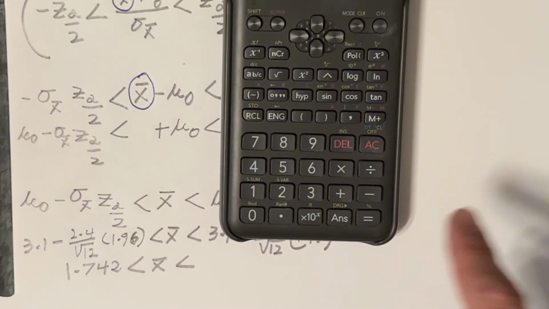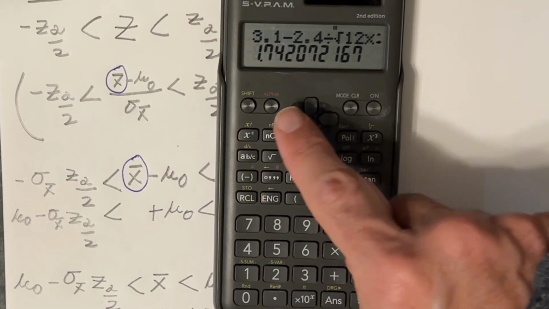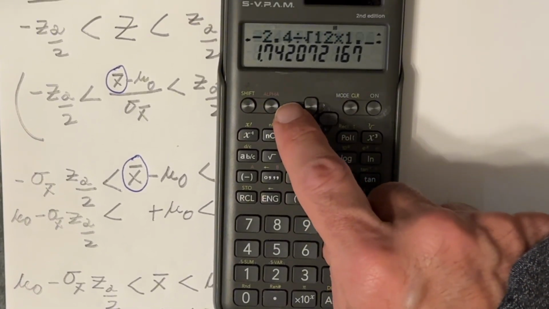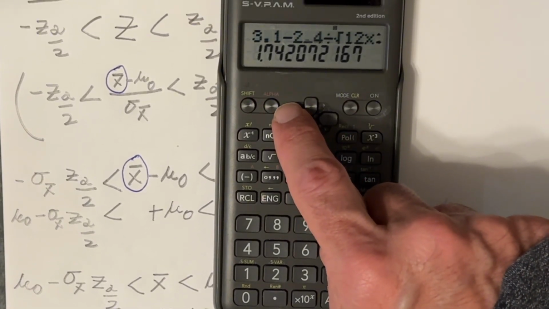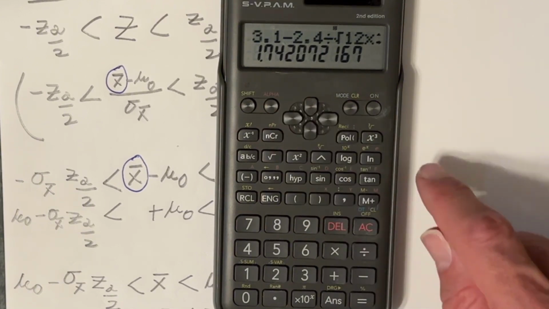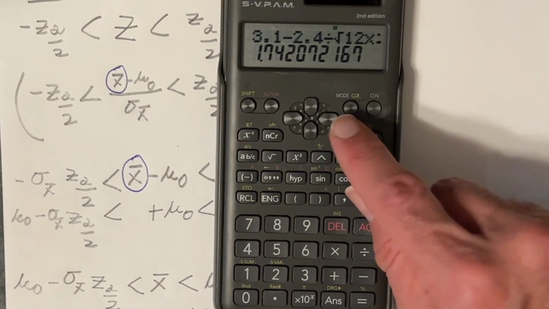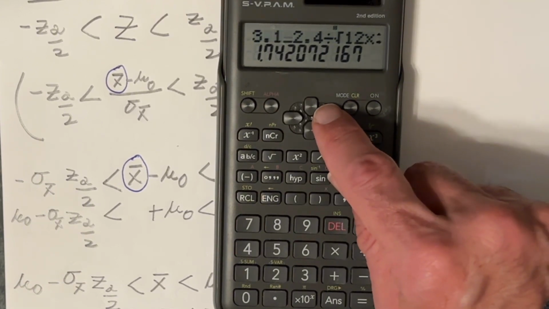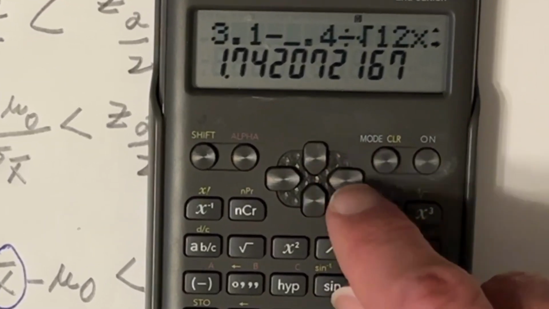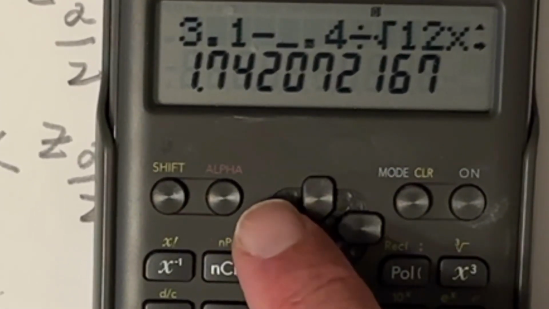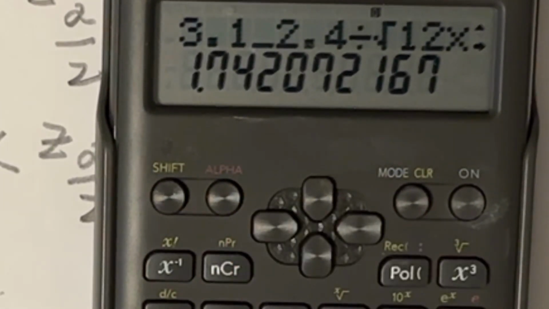Now, here's the beautiful thing with this calculator. I'm going to take this little button here, and I'm going to scroll back. And because of the beautiful symmetry of the standard normal distribution, all I have to do is change this minus button right here into a plus button.